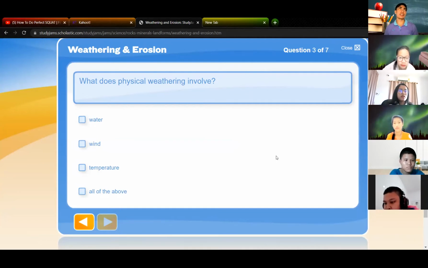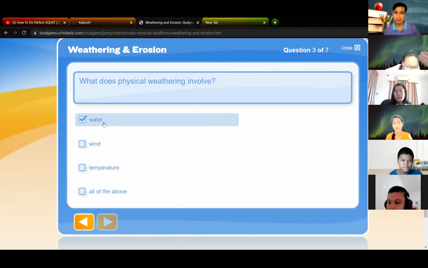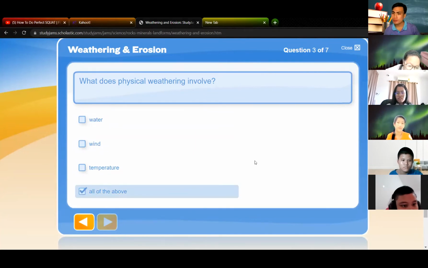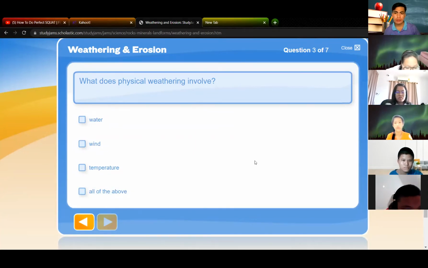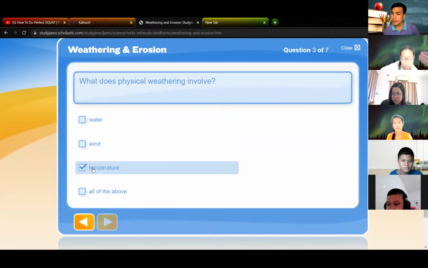The biological is when a tree will grow on a rock and the rock will be broken down into pieces. What about physical weathering? What does it involve? Putisan, what's your answer? I answered temperature. Temperature?